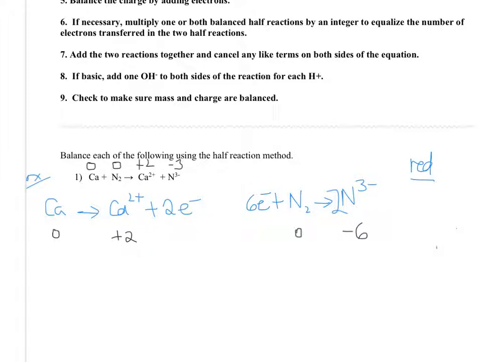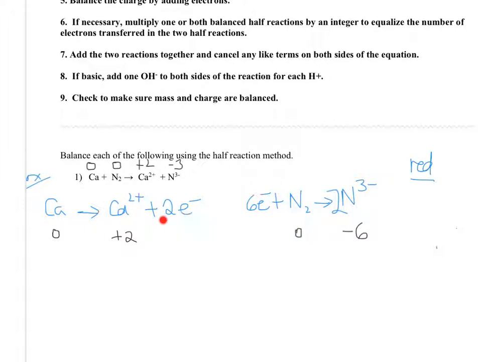Now, if you do this correctly, you should always add the electrons to different sides of the two equations. What that means is for one of them, the electrons will be on the products. For the other one, it will be on the reactants. If you figured out which one's oxidation, which one's reduction, the oxidation means loss of electrons.